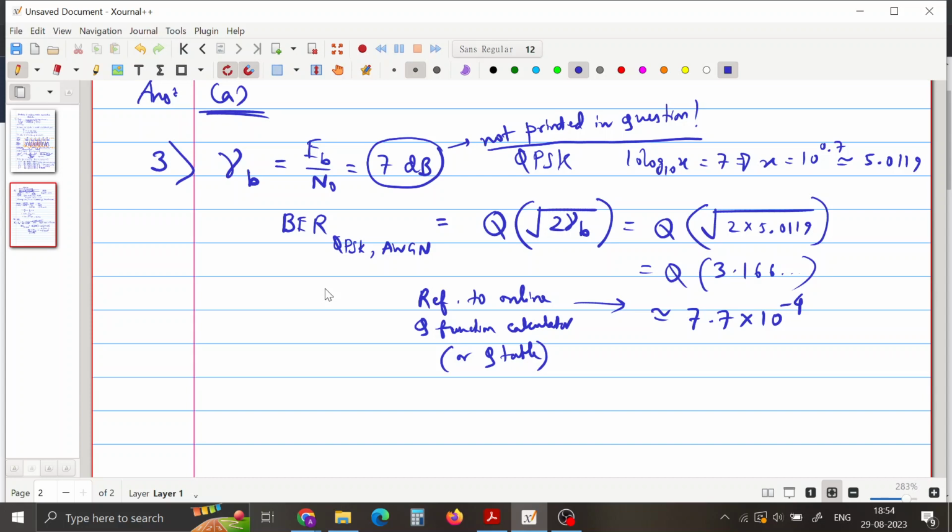We will solve another problem for that also. In case your Q values are not available, you can simply apply that formula and calculate the value. I'll show that next.